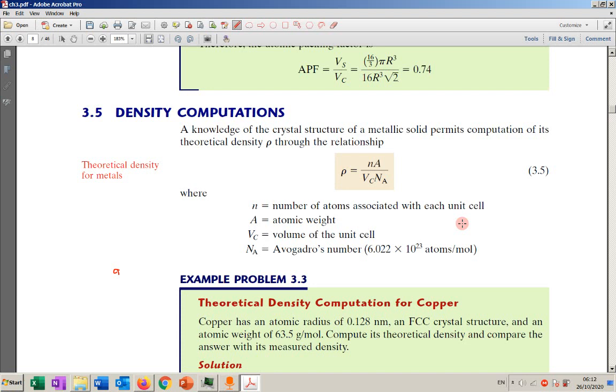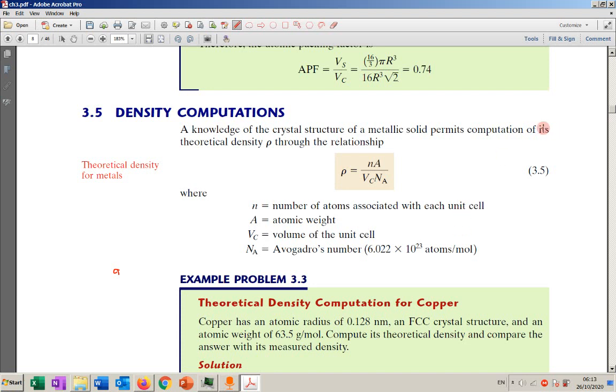So if someone asks you how much is the density of aluminium, you don't need to go to the lab to calculate it. You just have a table, you know the Avogadro number, you know the atomic weight of aluminium, you know the crystal structure of aluminium. That's it. You can calculate its density.